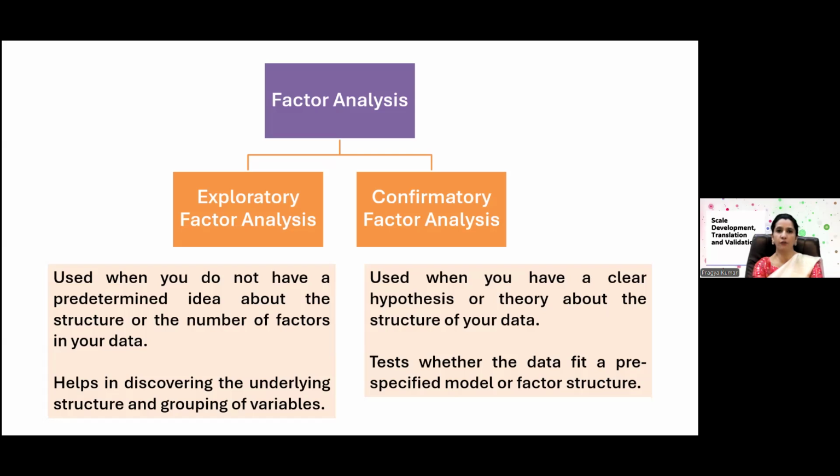Like they have got a 400 sample, with the initial 200 they check their factor structure, and with the next 200 they check the confirmation of the factor structure which they yielded in the exploratory factor analysis. And there are ways to get a clear factor structure in exploratory factor analysis, which we will discuss when I show you over JASP and JAMOVI.